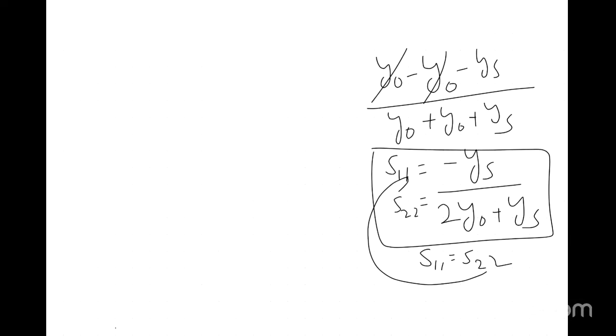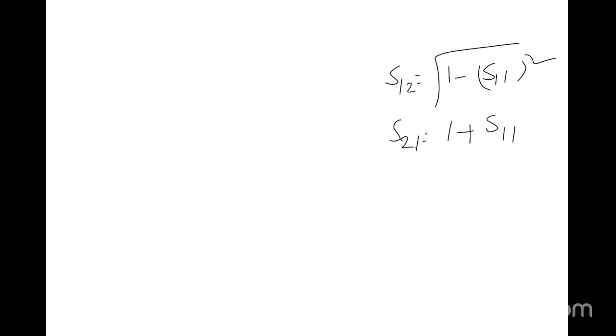We have to calculate S12. What is the formula of S12? S12 equals the square root of 1 minus S11 squared. We have another formula: S21 equals 1 plus S11. If you get the S21 value, we can also write the S12 value.